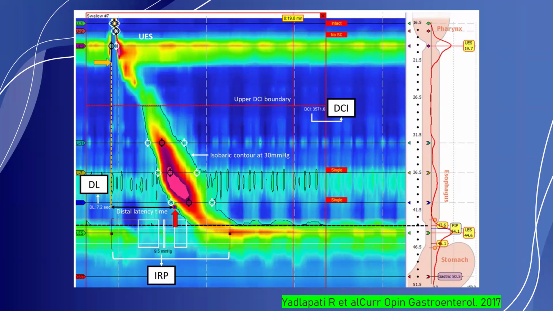Samir, go slowly. Explain everything, because a lot is happening, and also use a pointer. You're just talking, so if somebody is looking and not understanding, they will miss that. Use a pointer to show where the upper esophageal sphincter is, where the motility contractions are, and all those things. You just show that.